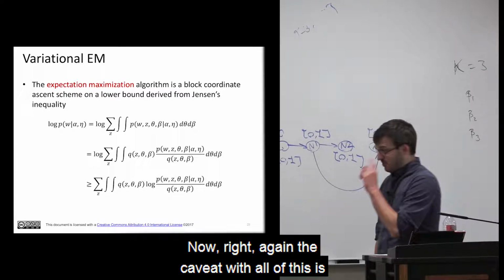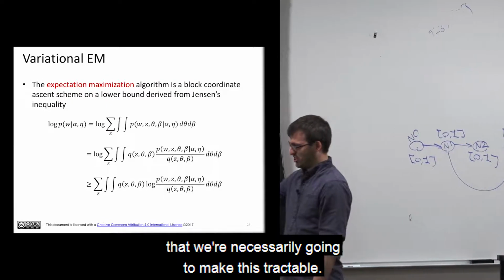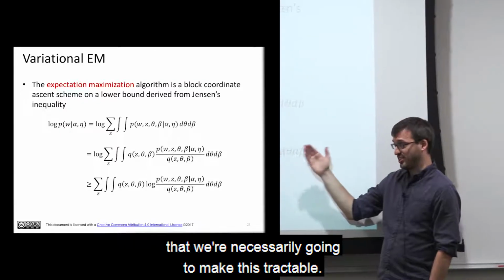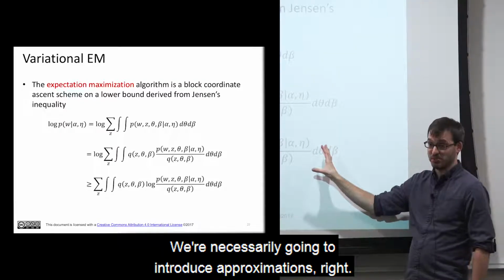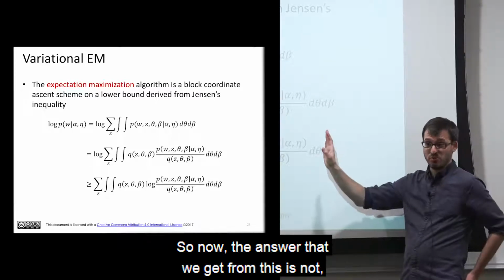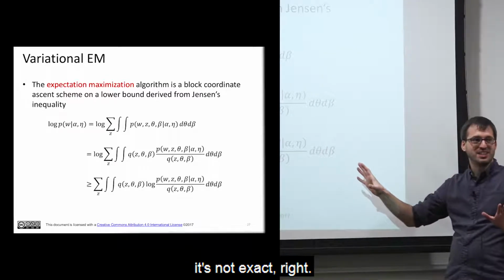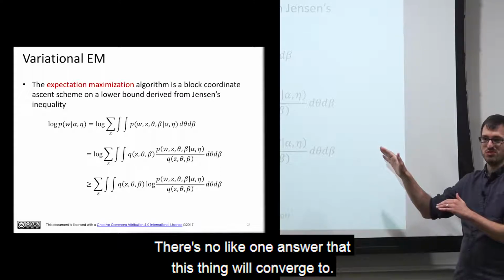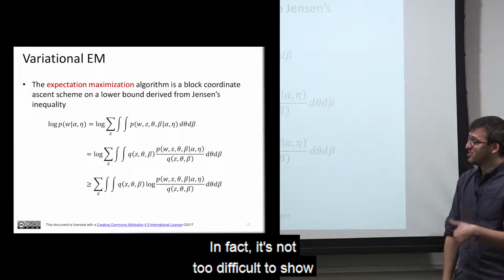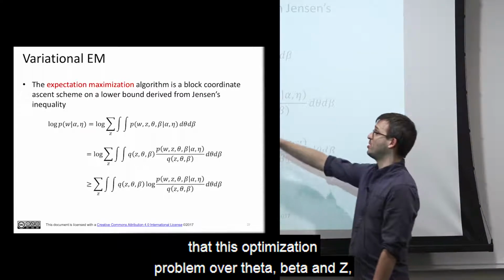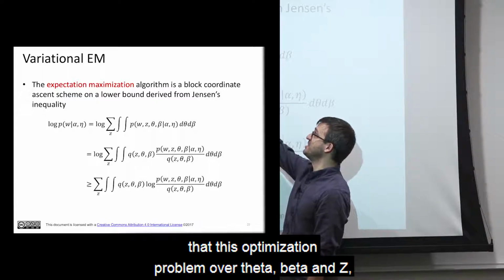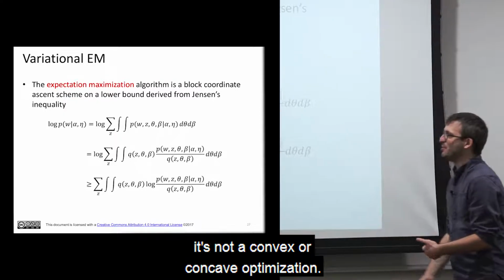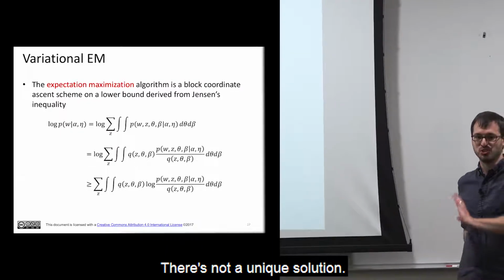Now, again, the caveat with all of this is that we're necessarily going to make this tractable, we're necessarily going to introduce approximations. So the answer that we get from this is not exact. There's no one answer that this thing will converge to. In fact, it's not too difficult to show that this optimization problem over theta, beta, and z is not a convex or concave optimization. It's not a nice optimization problem. There's not a unique solution.